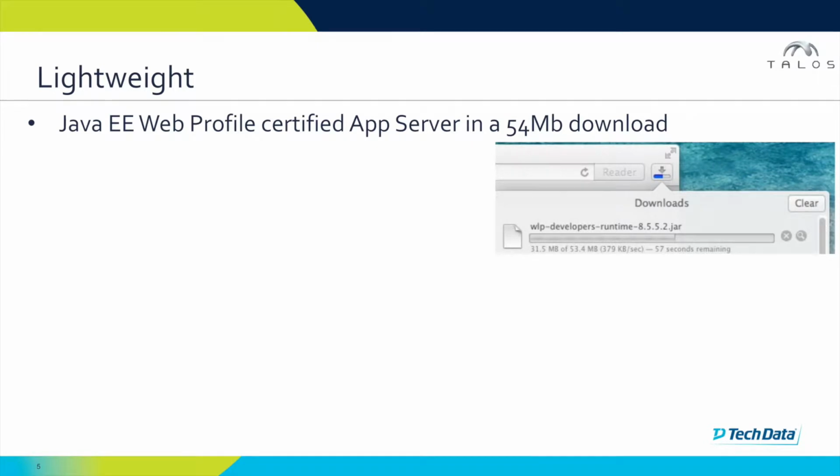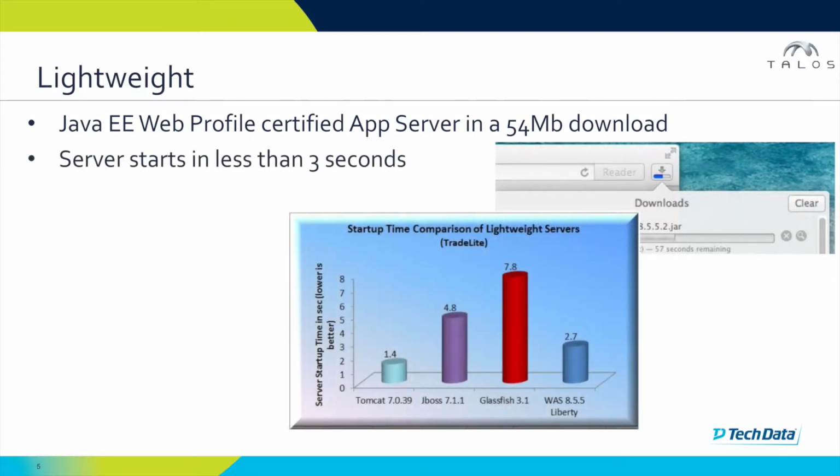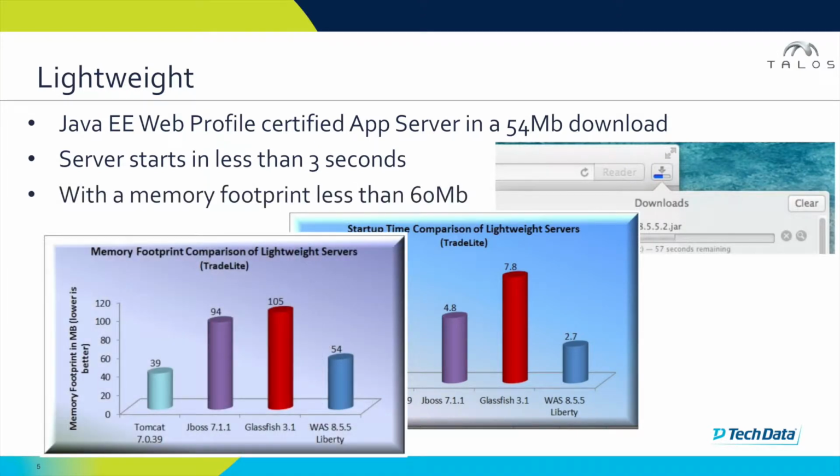So WebSphere Liberty is a Java Enterprise Edition web profile, an application server in a 54 megabyte download. It's really small. It starts in less than 3 seconds, and it's got a memory footprint of less than 60 megabytes.